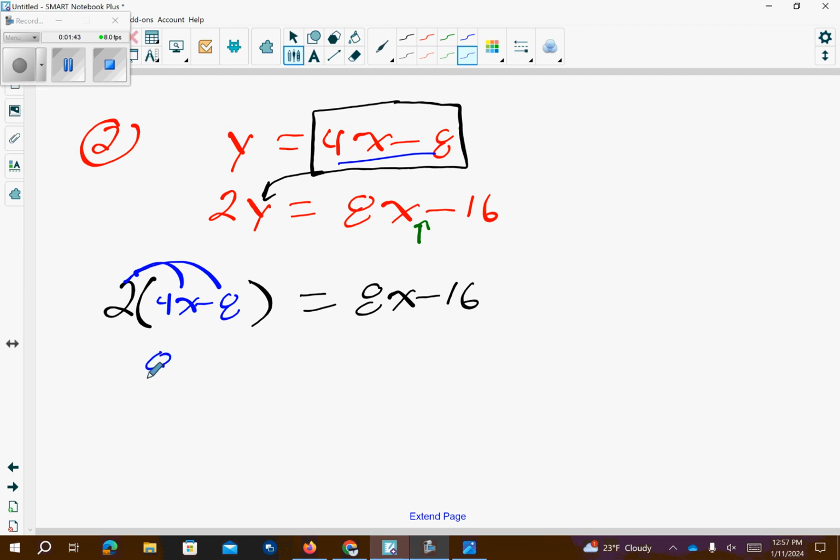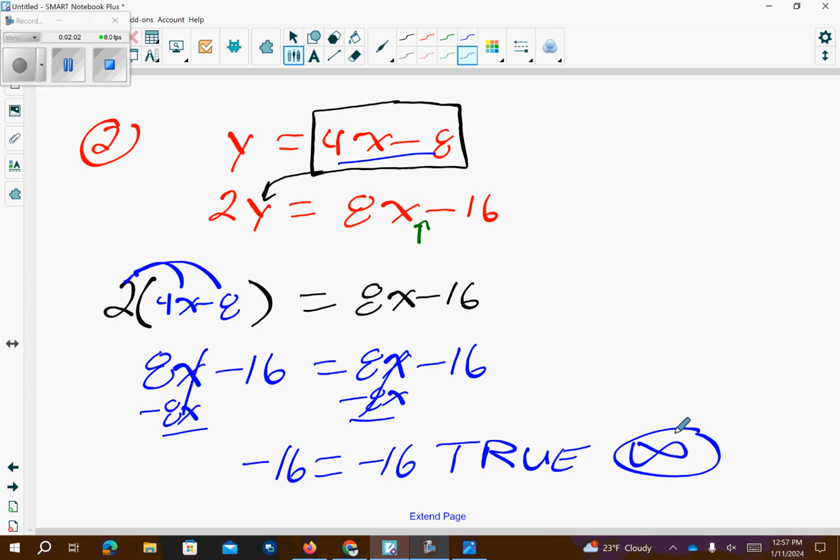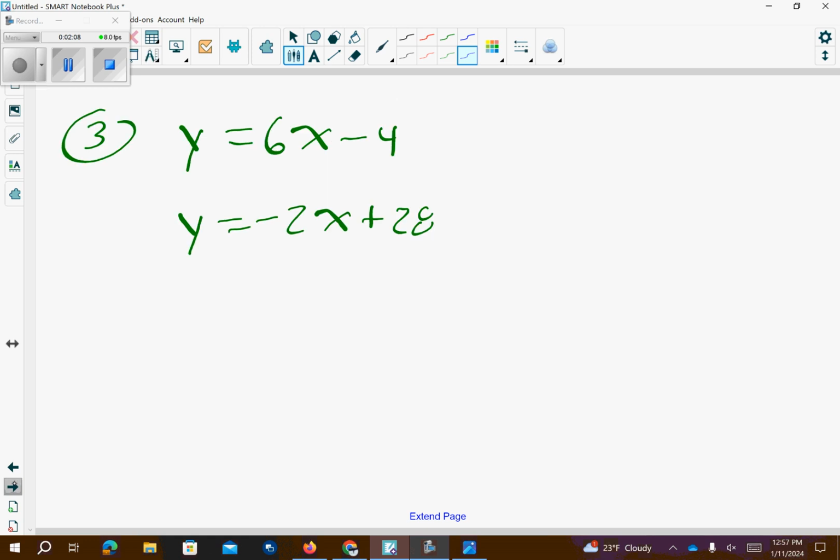Distribute over. So on this one, if I subtract 8x from both sides, look what happens. Those cancel, so I get negative 16 equals negative 16. That's true. That means we have infinite solutions. That sideways 8 means infinity. That means there are a bunch of solutions that'll work.